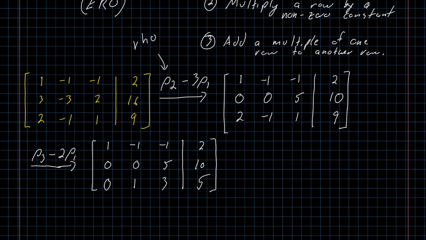Up next, I'm going to swap the second and the third rows. I'll denote that using something like this. Row 2, double-headed arrow, row 3. I'm swapping row 2 and row 3.